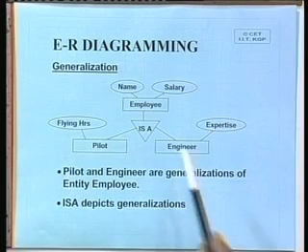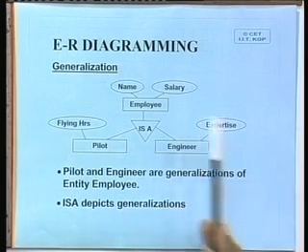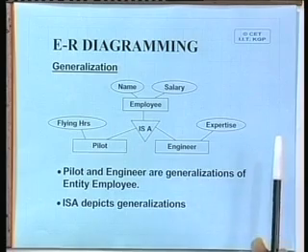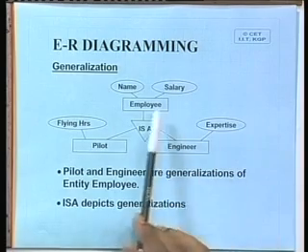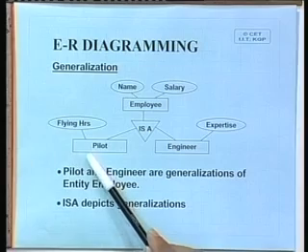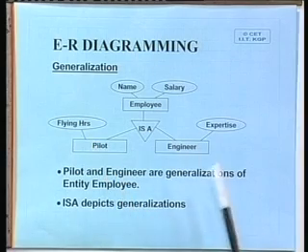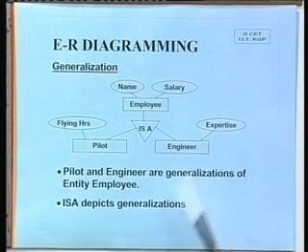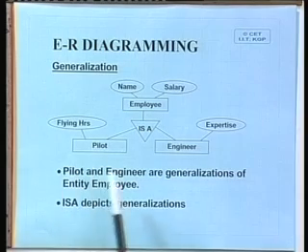So, whenever we are thinking of the general things like name, address, ID, salary, and so forth, we can put it under employee. But specific things like flying hours, specific things like the specific expertise of an engineer, we can put it under the generalizations.